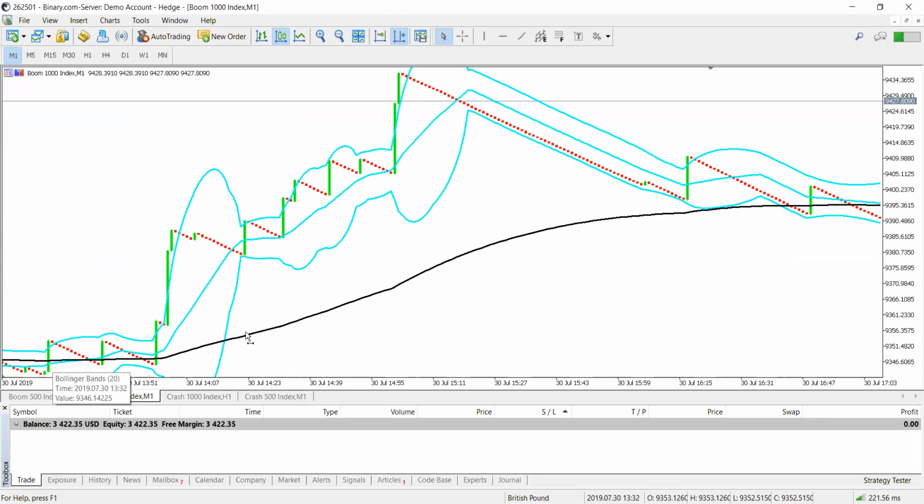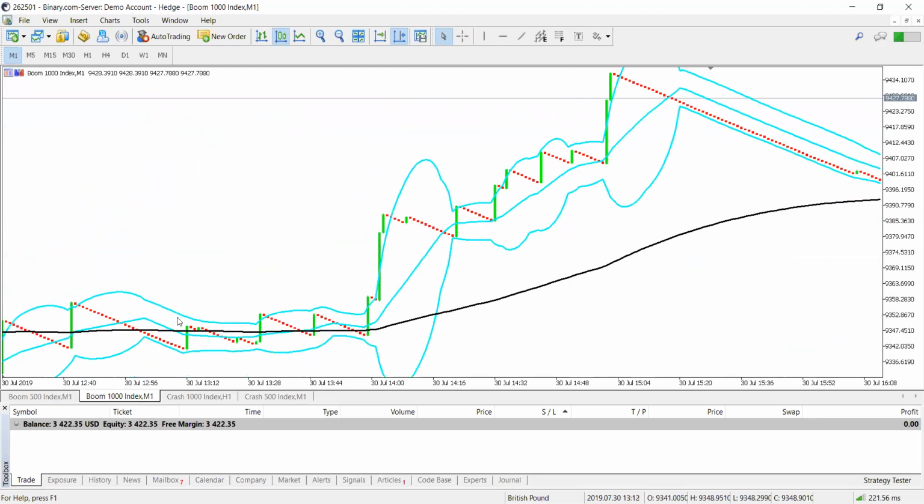Another thing I need to highlight about the movements of these assets is that they have a lot of consolidation time and then the breakouts. You can see there's a consolidation and the price was ranging across the moving average, and then as it starts bouncing up, it is showing us a signal.